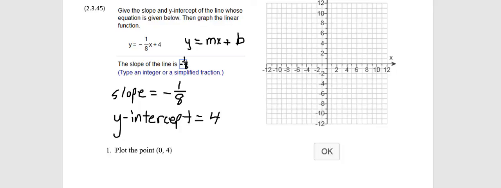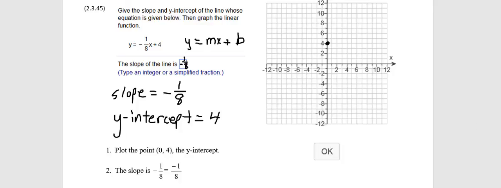So first we're going to plot the point 0, 4. Remember, that's the y-intercept. So that lies on the y-axis, and I plot a point there. Second, I'm going to use the slope to move from that point to another point on the line.